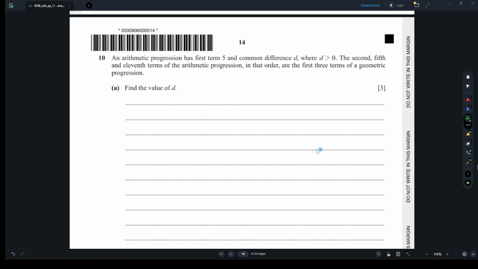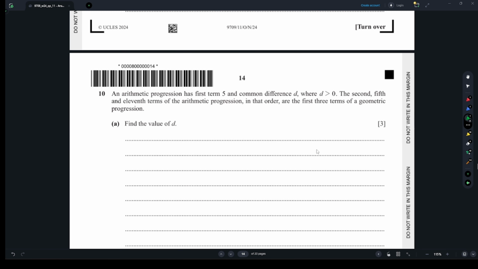Okay, so first you should remember the equation for the arithmetic progression and the geometric progression.